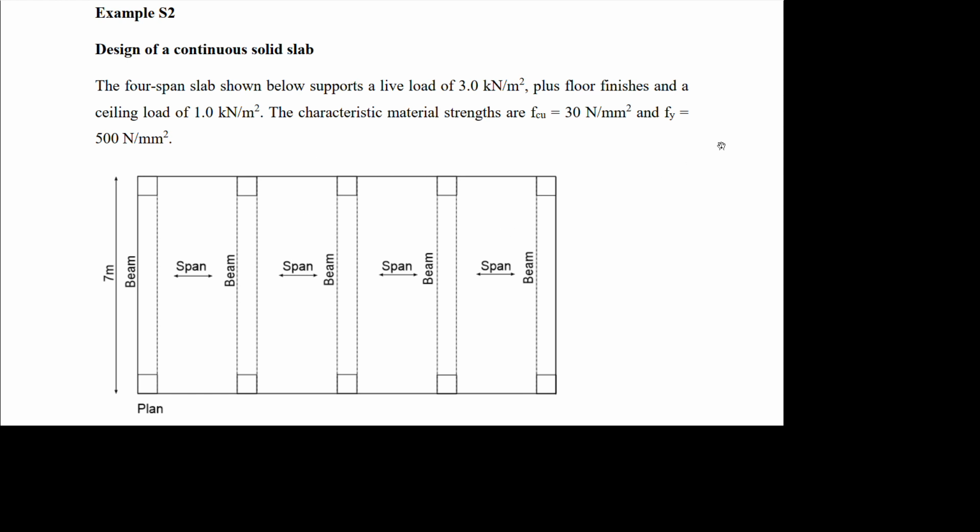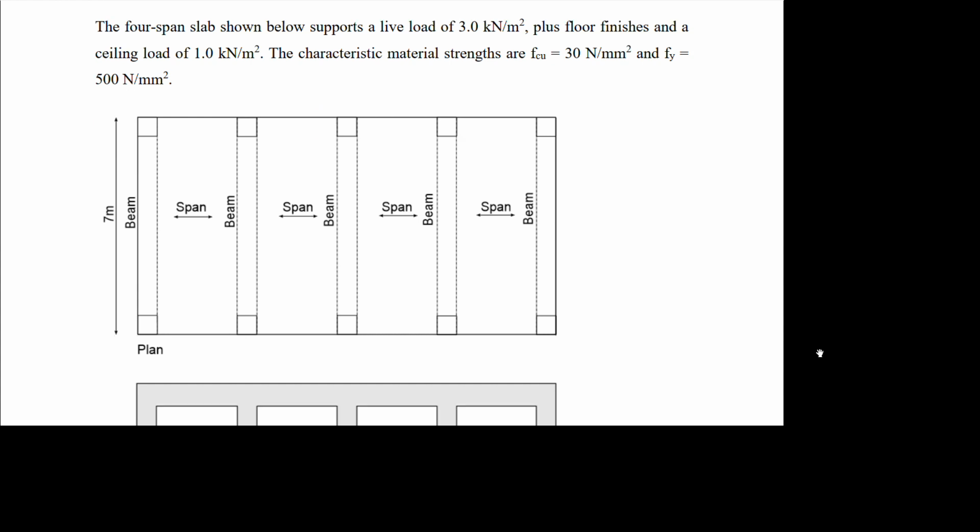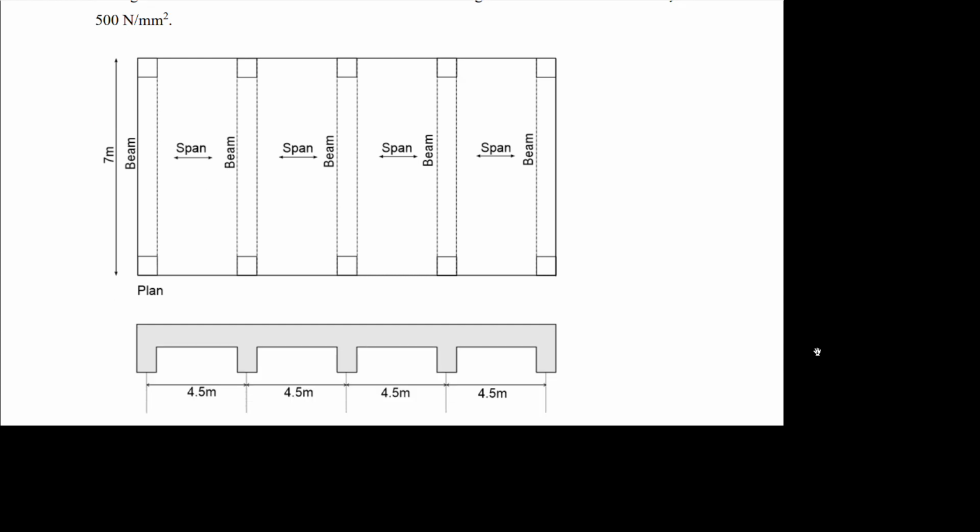And your fcu is 30 Newton per mm square, while your fy is 500 Newton per mm square. I have it this way: the center to center span is 5 meters, and the distance apart is 7 meters. So how do we treat this kind of continuous one-way slab?